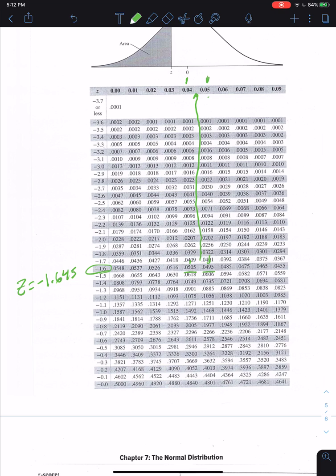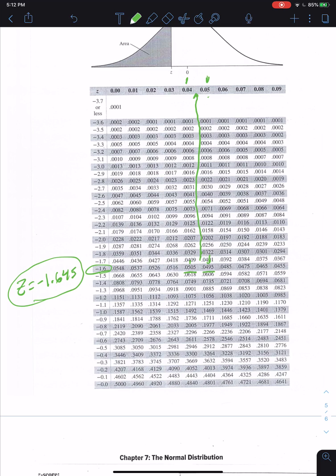Okay. The book, or ALEKS, will also at times, when you're going in a backwards fashion, looking at the body of the z-tables, finding areas and going backwards to come up with z-scores, have you use the ALEKS calculator that will be right there on the screen, because they know the calculator is going to give you the exact value.